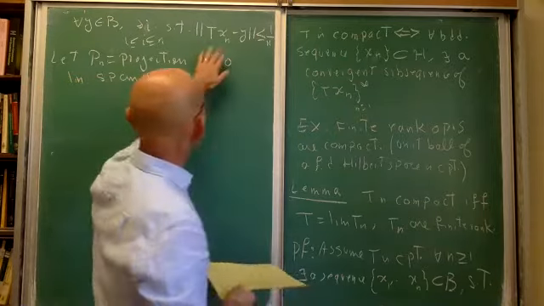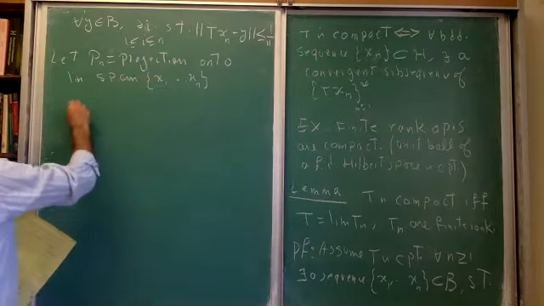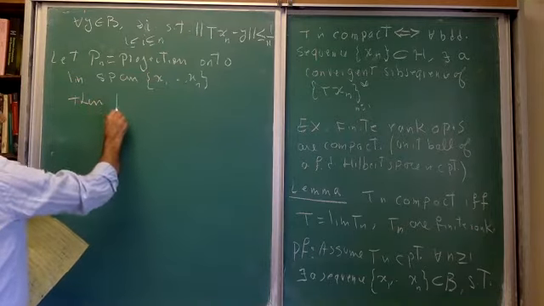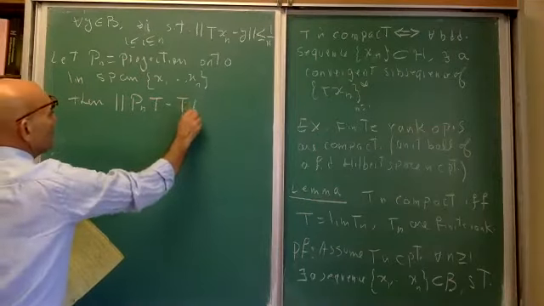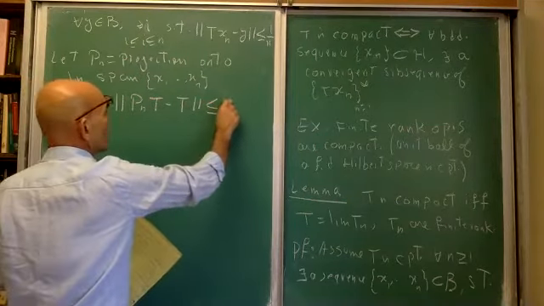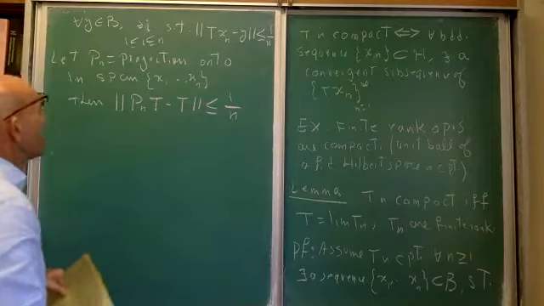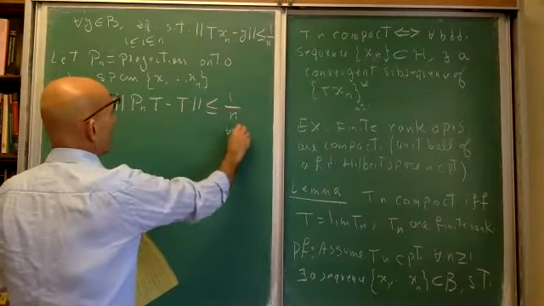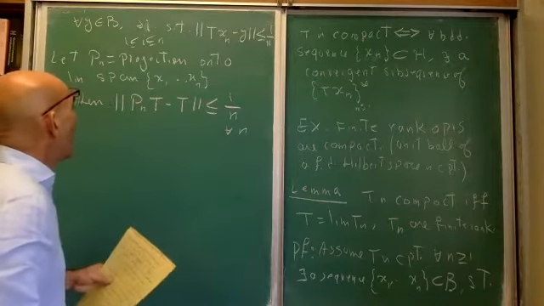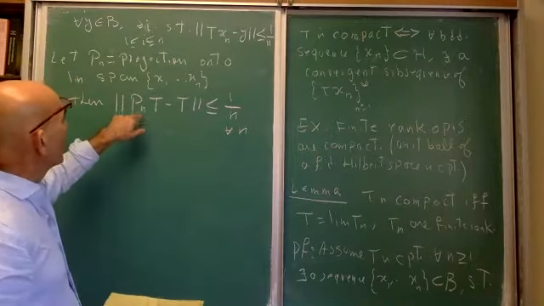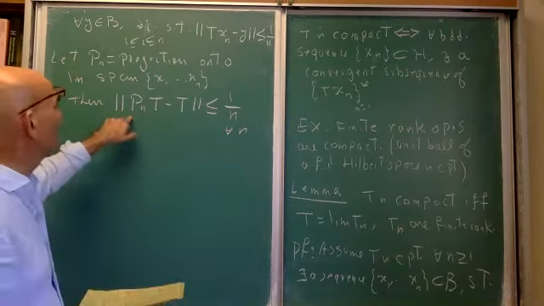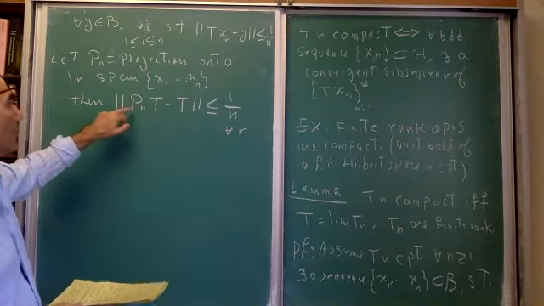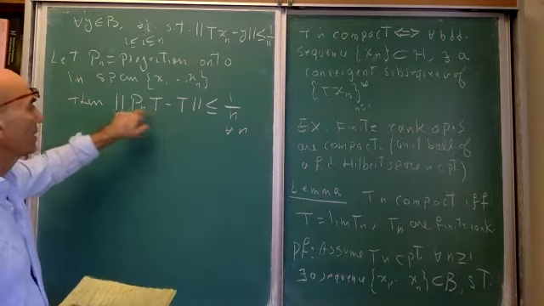Then because of this property, the norm of PnT minus T is less than or equal to 1 over n for all n. This PnT is a finite rank operator because Pn is finite rank, and if you multiply a finite rank operator by anything, it's still finite rank.